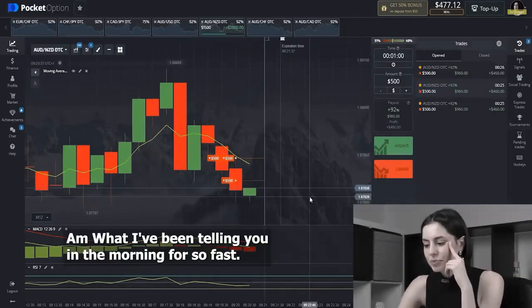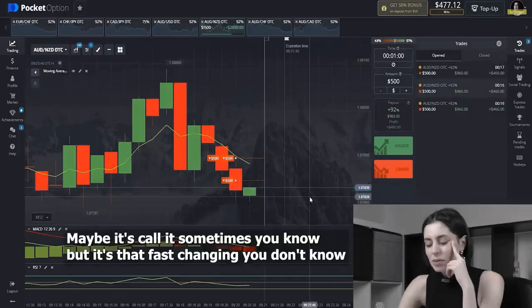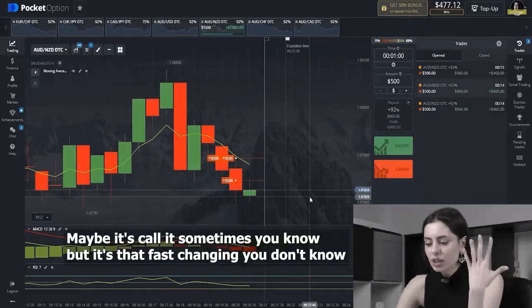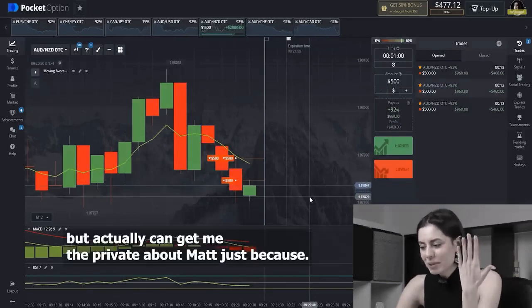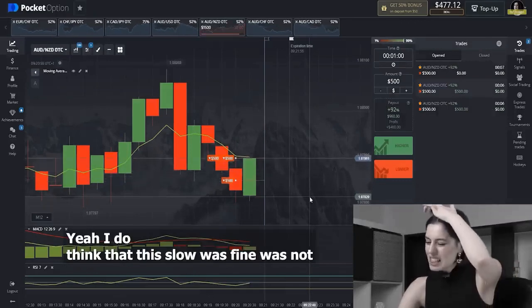What I've been telling you, the movement was so fast, so I made this bet a little bit quick. Maybe it's good sometimes, but with it changing that fast, you don't know what is actually going to be the profitable bet.